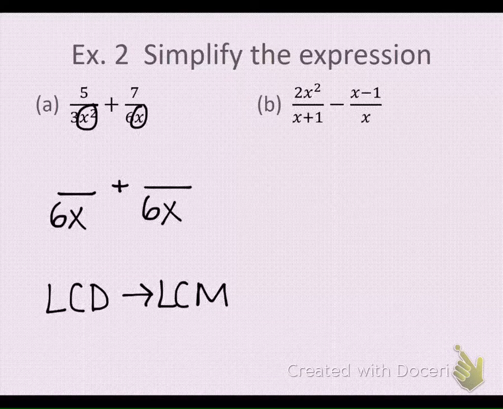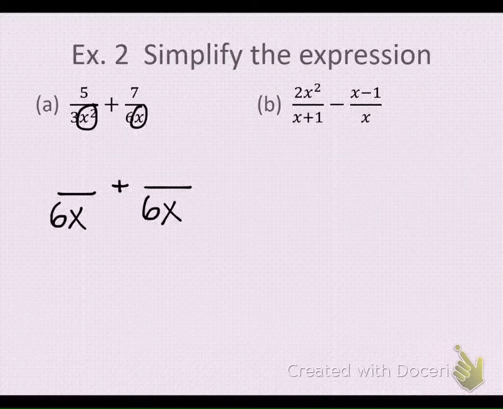When we pull out GCFs, do we take the highest exponent or the lowest? We take the lowest. So it's like the opposite. We're trying to find the least common denominator, but we're going to take the highest exponent. So which exponent is higher? The 2. So x squared is going to be part of our common denominator.